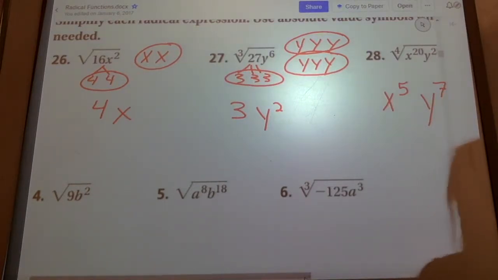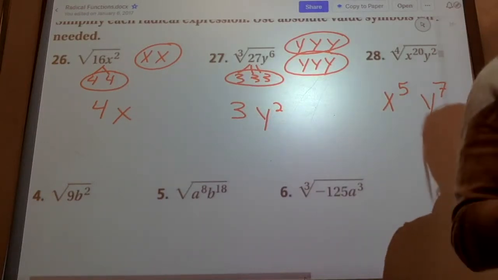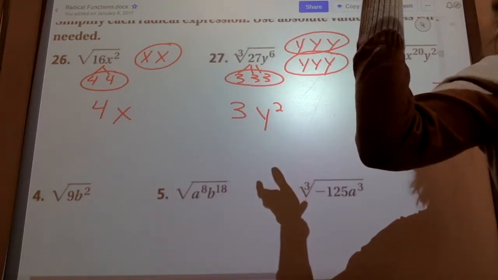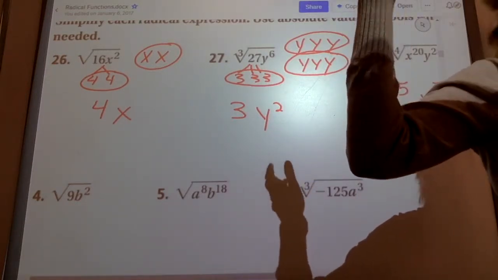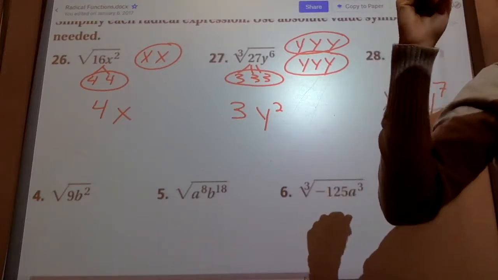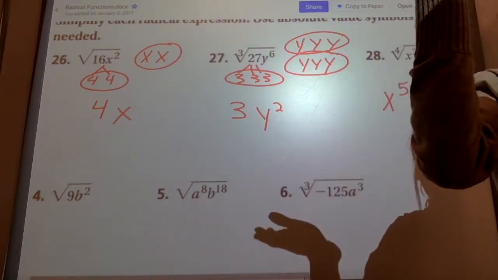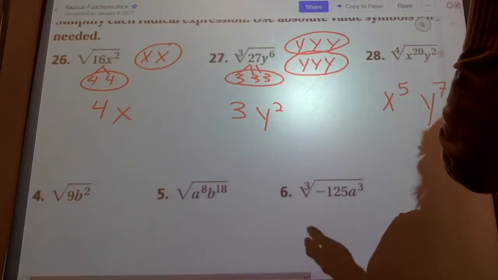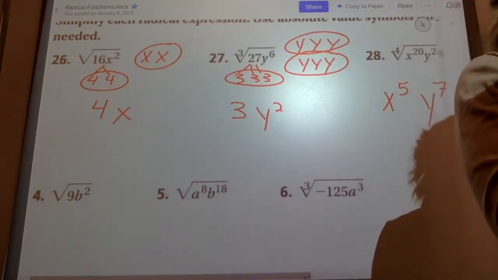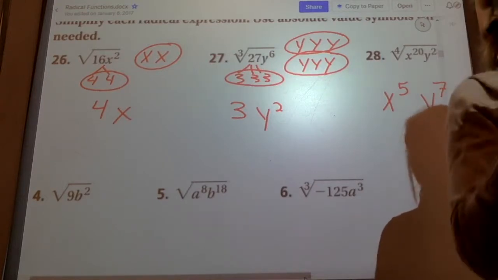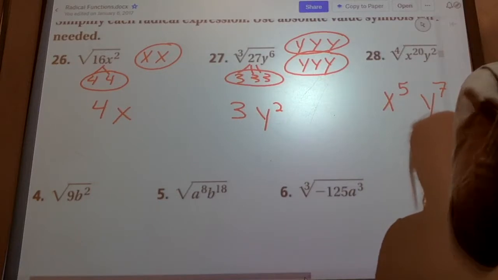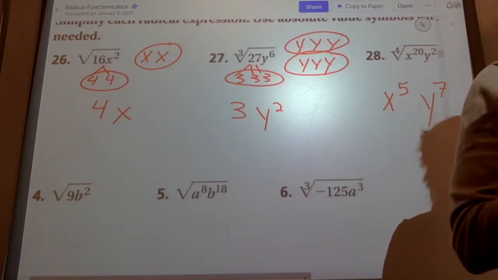We know if I have a negative number raised to an even power, it's always going to be positive. But if I have a negative number raised to an odd power, it's going to be negative. So whenever I have an even index and a variable answer to an odd power, you have to have absolute value signs.